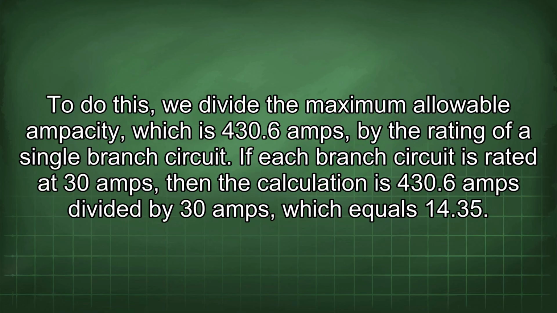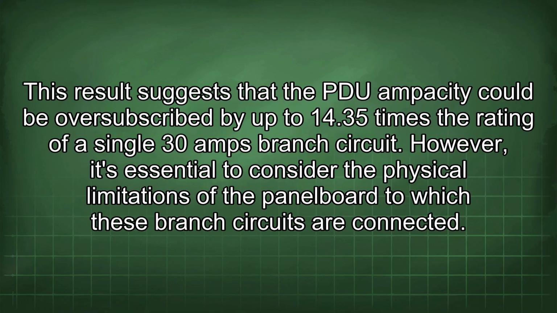If each branch circuit is rated at 30 amps, then the calculation is 430.6 amps divided by 30 amps, which equals 14.35. This result suggests that the PDU ampacity could be oversubscribed by up to 14.35 times the rating of a single 30 amps branch circuit.